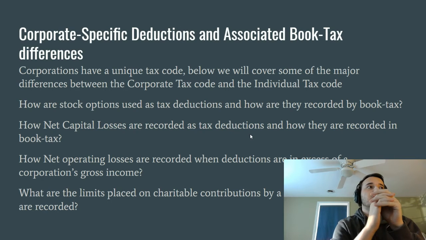We will also go over net operating losses, how they are recorded, and what to do with excess deductions, how to carry them over to previous years or future years, and what limits are placed on charitable contributions made by corporations, and how these are recorded and carried over year to year.